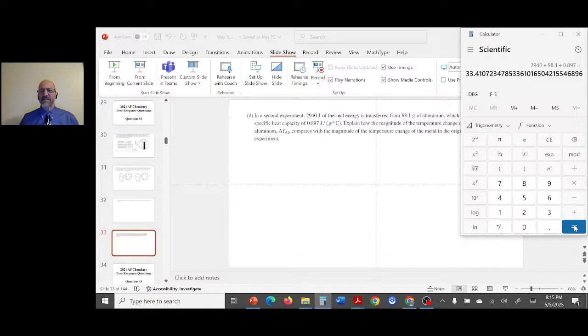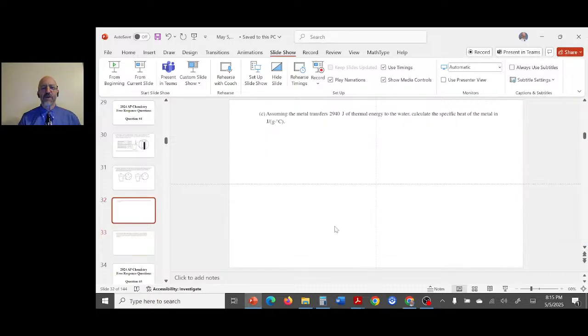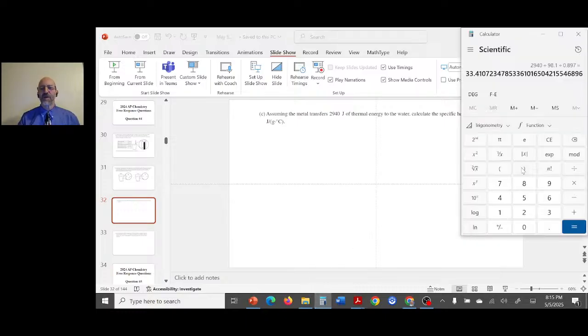Now look at my delta T. It's actually 33.4. How does that compare with the delta T from the previous experiment? Well, it was not 33.4. In the previous experiment, it was like 61.5.